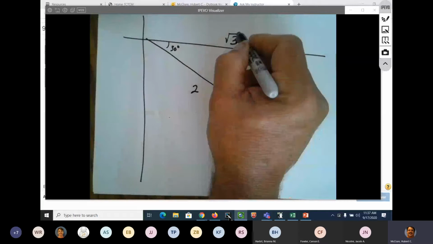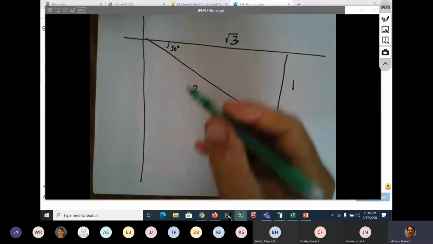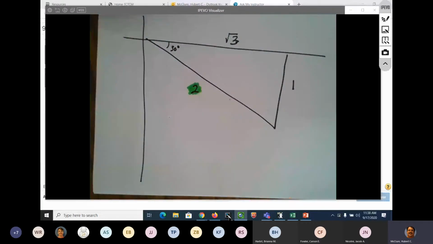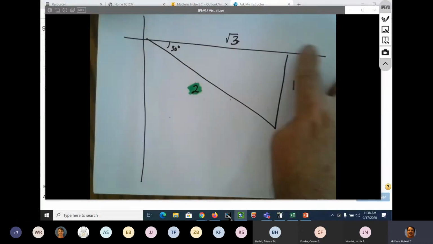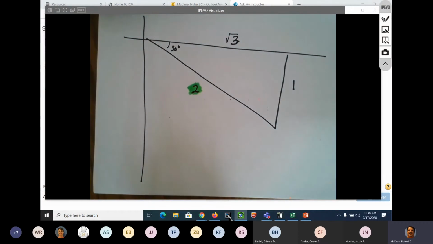Now, which side of the triangle is never negative? The hypotenuse. So I'm going to take my handy-dandy green highlighter, and I'm going to highlight that 2 because it will always be positive no matter where it is. And this square root of 3, it's in the positive x direction because this is the first quadrant. So it's positive also. So I'm going to highlight it, positive.